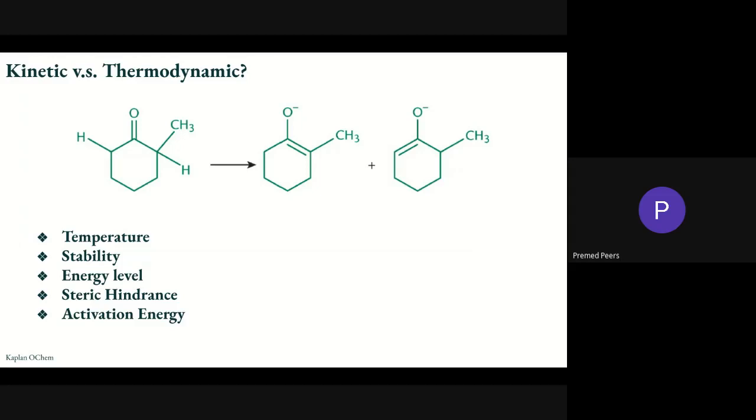Yeah, I mean, so you can think about it from the distribution of the electrons. You have the electrons distributed with some source of electrons, which is from the oxygen with the negative charge, along with the methyl group, which can also be a source of electrons, and then it makes the double bond more stable in that sense. Why is the left one more stable?